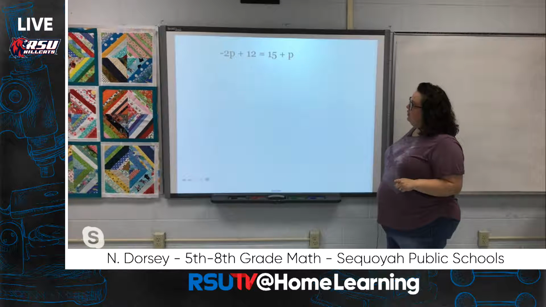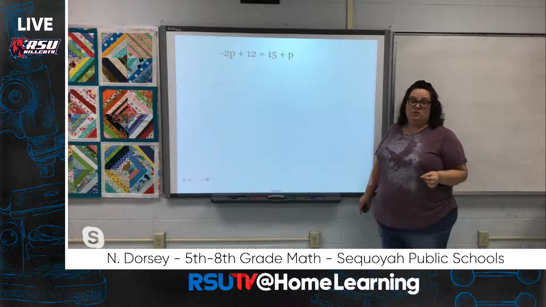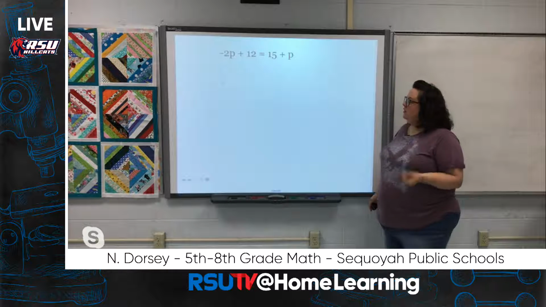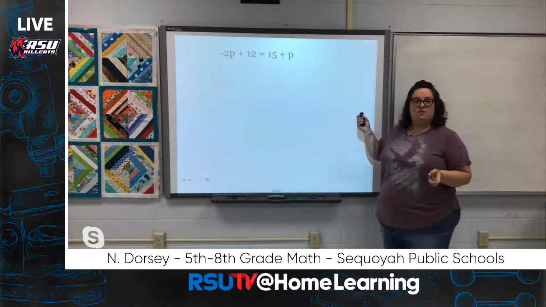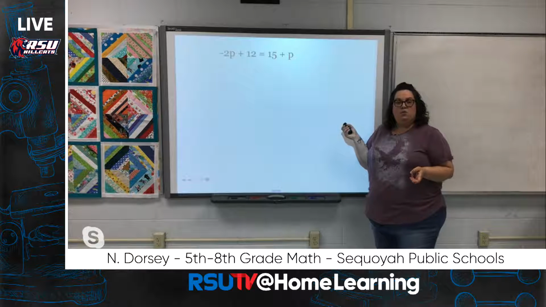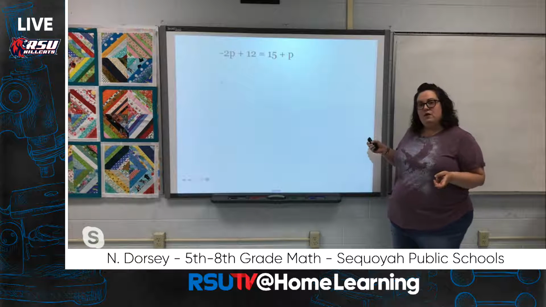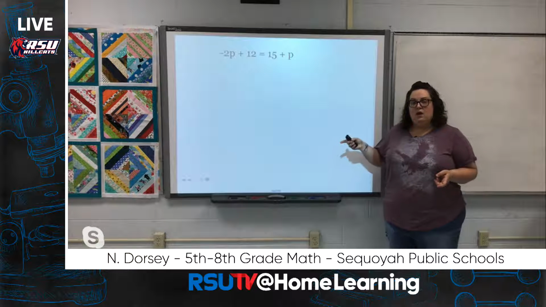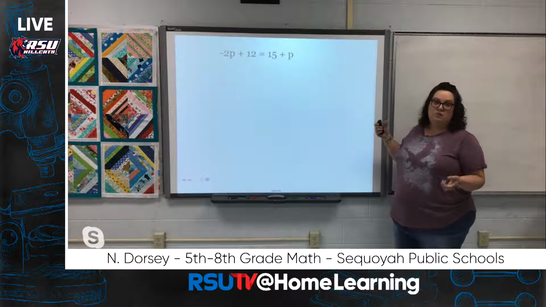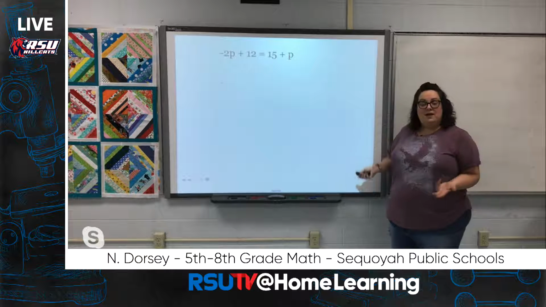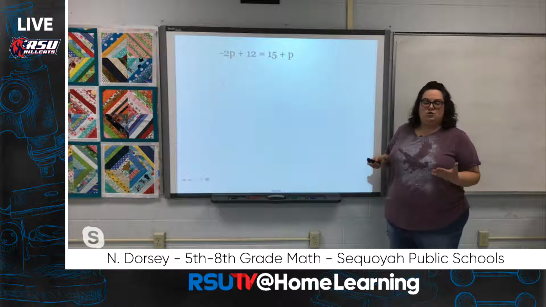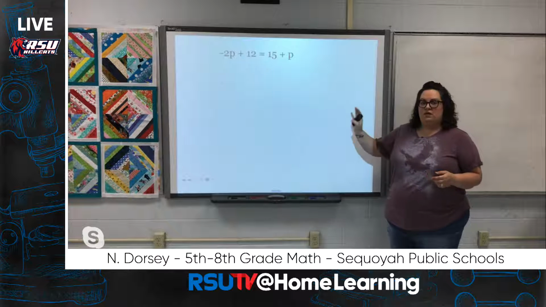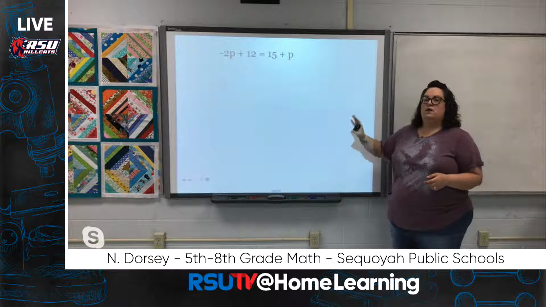So step 1 and step 2, there's nothing we can do with. But step 3, if I have variables on both sides of the equal sign, then I need to group those together. And so this goes back to our first slide. Remember, in equations, we want all the variables on one side and all of the constants or the numbers on the other. So what I tell my kiddos in my classroom is, it's good habit to just always put your variables on the left side and the numbers on the right.